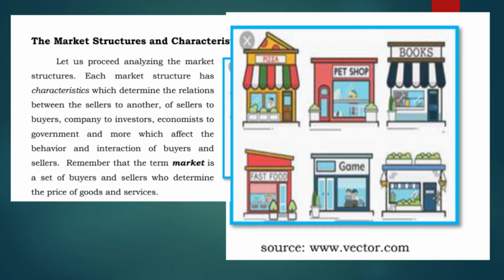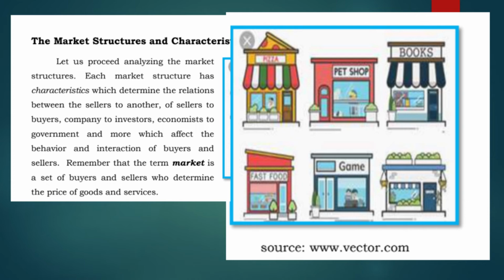It also states that market structure makes it easier to understand the different characteristics of diverse markets, with different types of market structure, namely perfect competition, monopolistic competition, monopoly, and oligopoly.